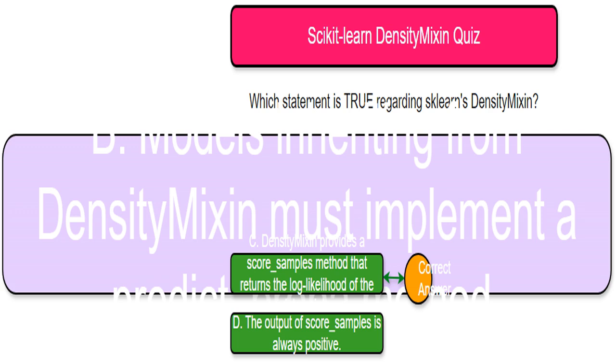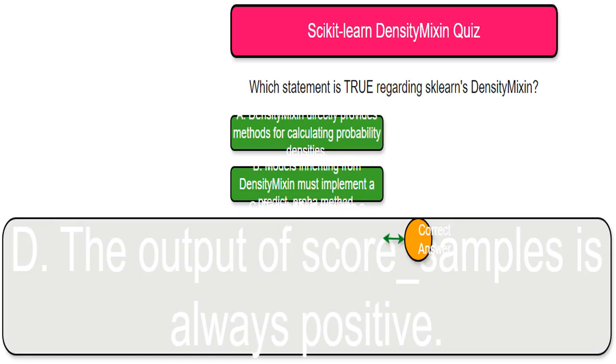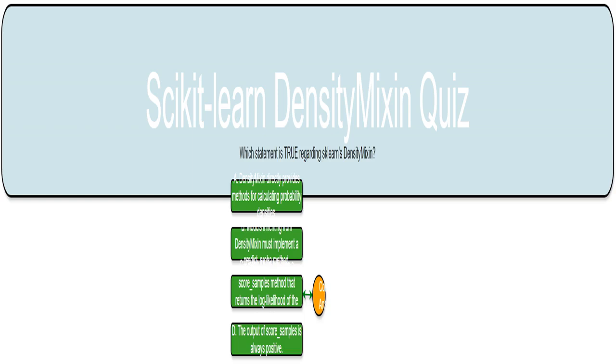The key method DensityMixin cares about is score_samples. This is incorrect. The score_samples method gives us log likelihoods, and these values can be either positive or negative. Remember that the log of a number between 0 and 1 is negative. This is the title of the quiz on the scikit-learn library's DensityMixin class.